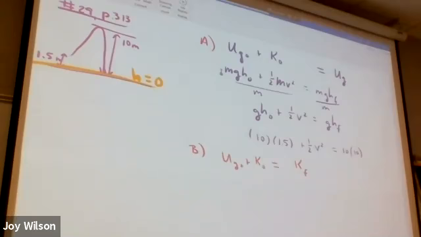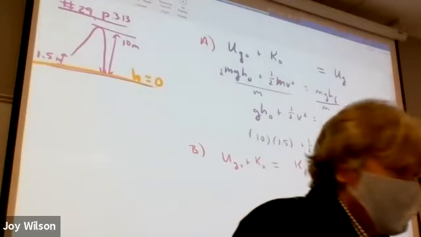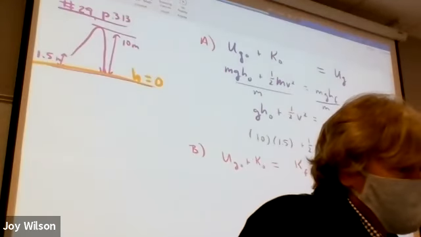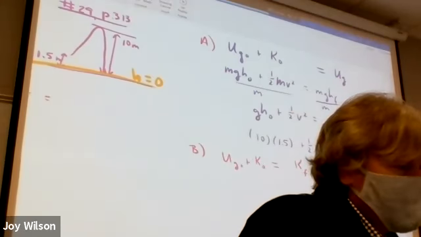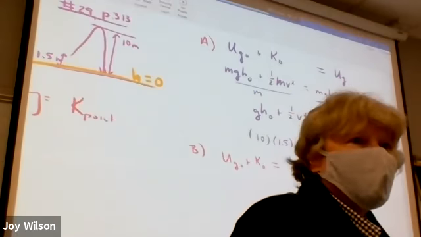On part B, it would be your final kinetic energy, which you know. Half of that will be equal to your kinetic energy at the spot you're looking for.